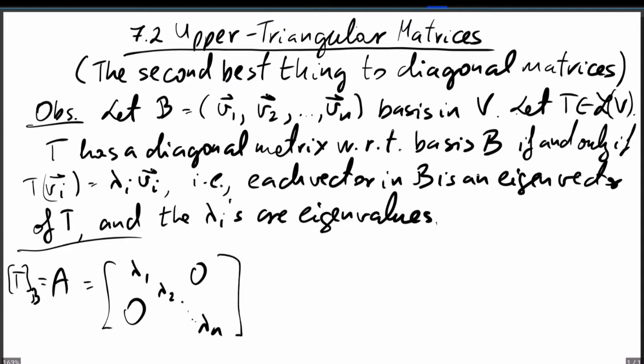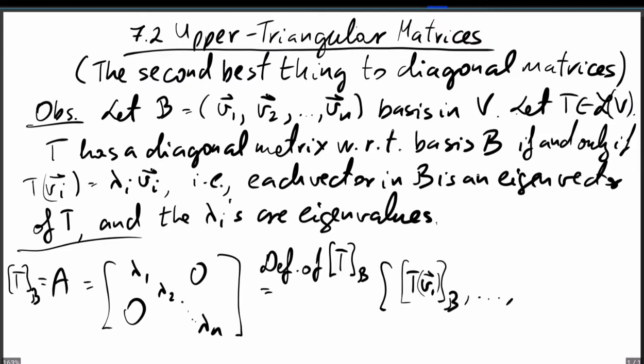Then by definition of the matrix of the transformation, the first column is the image of the first basis vector in the B basis, and the last column is the image of the Vn basis vector in the B basis.